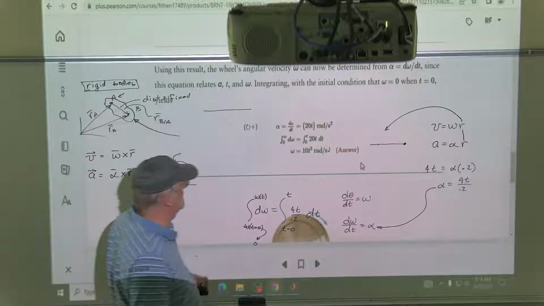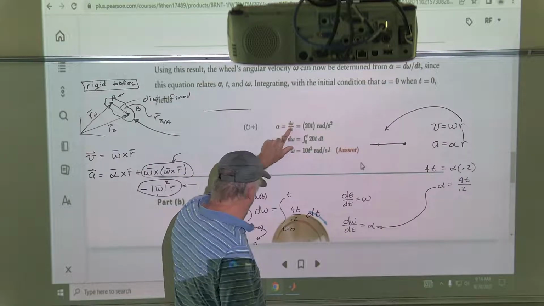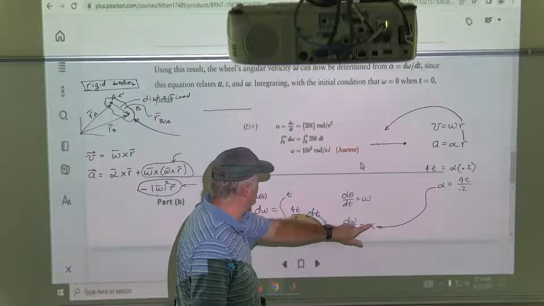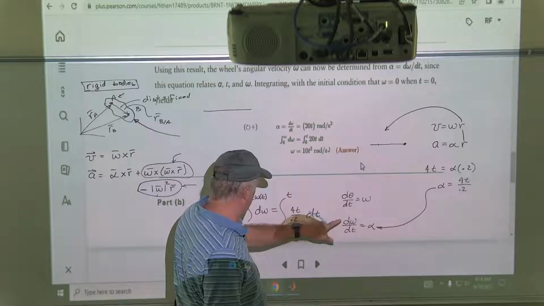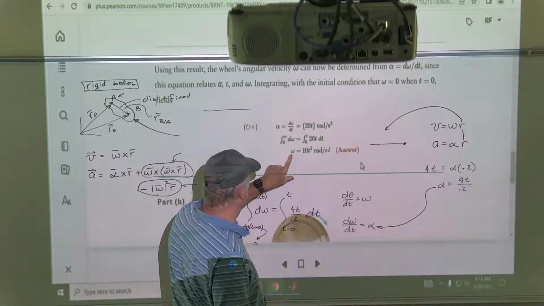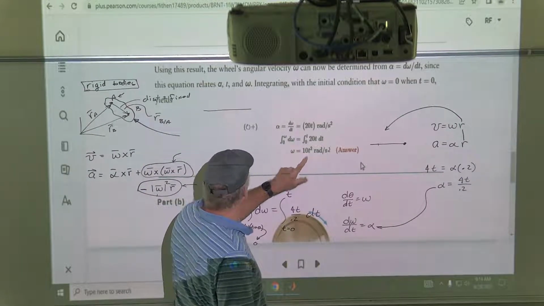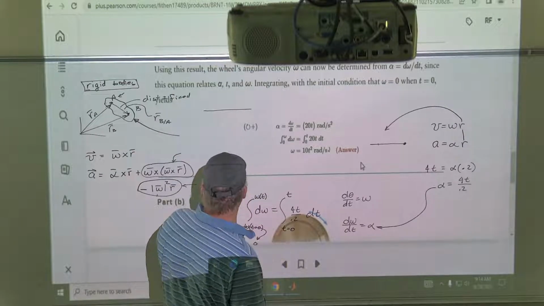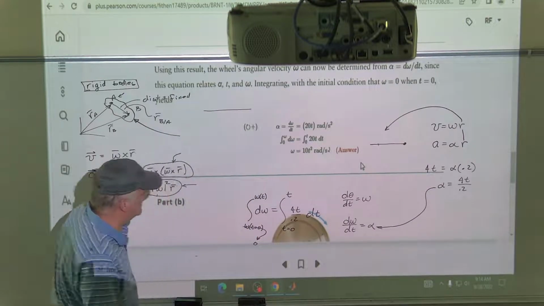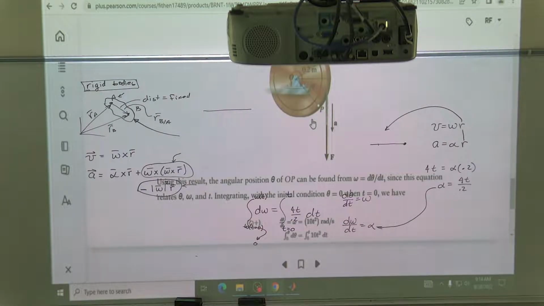His typeset's kind of interesting though. So alpha is equal to something right here, and it's 20t. Well, that's what that is, 20t. And then you integrate it, and you get 10t squared. But he just wanted it not at a specific time. Okay. I don't know why I thought it was at a specific time, but that's okay.